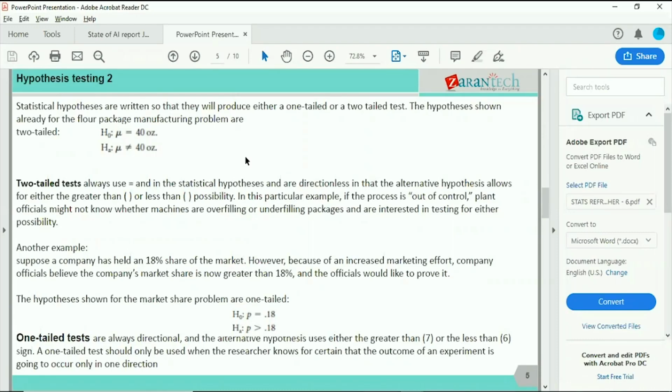Since we know the mu, I think a one-tailed test will be better, because we are certain that the outcome of an experiment will go a certain way. Yeah, you know the direction. It is unidirectional, right? So one-tailed it will be.